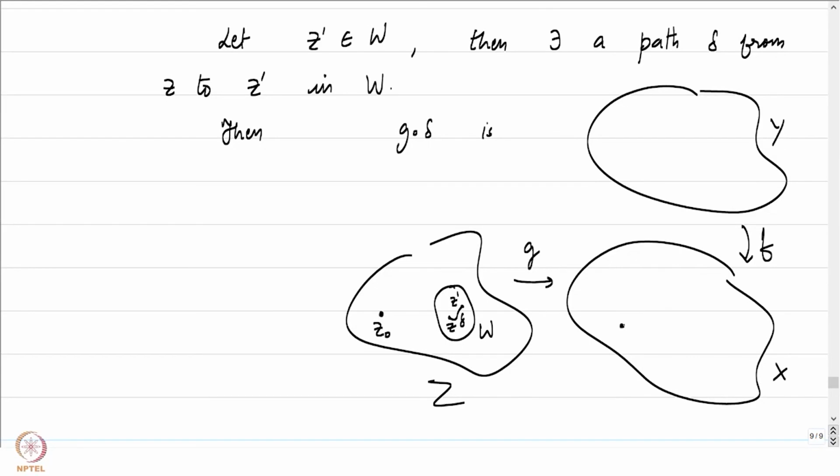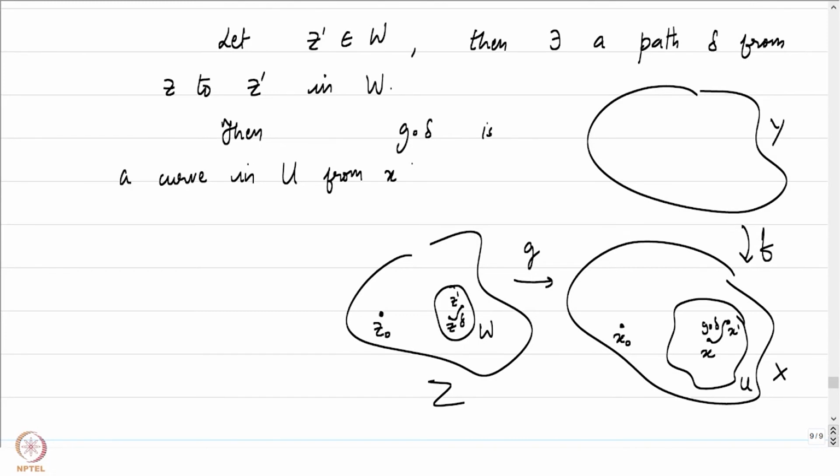There will be an X somewhere here which will have U as a neighborhood, and within U, G composed with delta is a curve from X to X prime. So G composed with delta is a curve in U, because G inverse of U contains W.